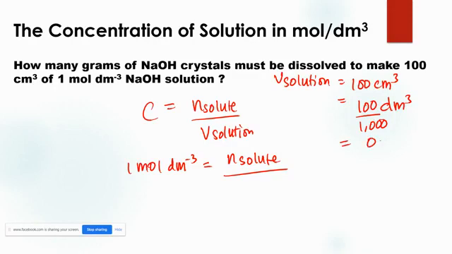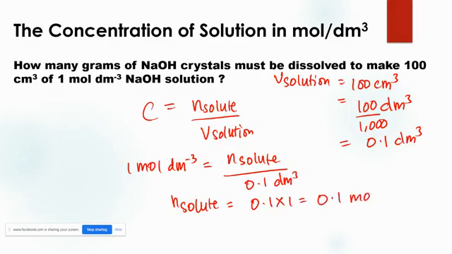The result is 0.1 cubic decimeter. So the number of moles of solute equals to 0.1 times 1. It's 0.1 mole. It's not finished yet.